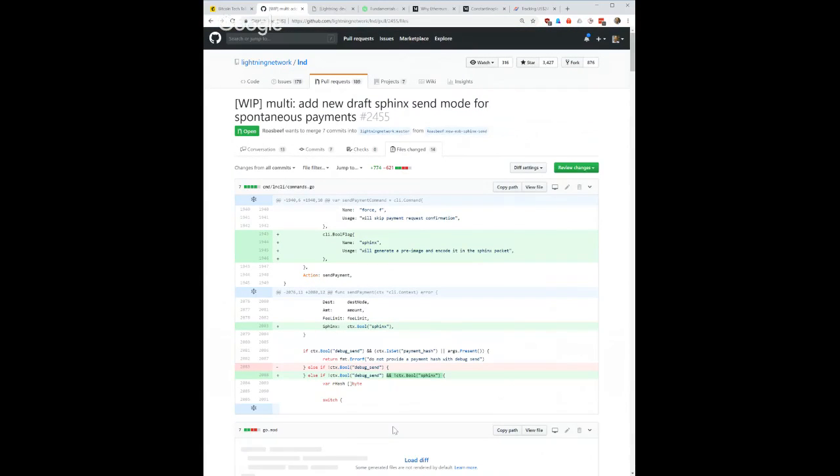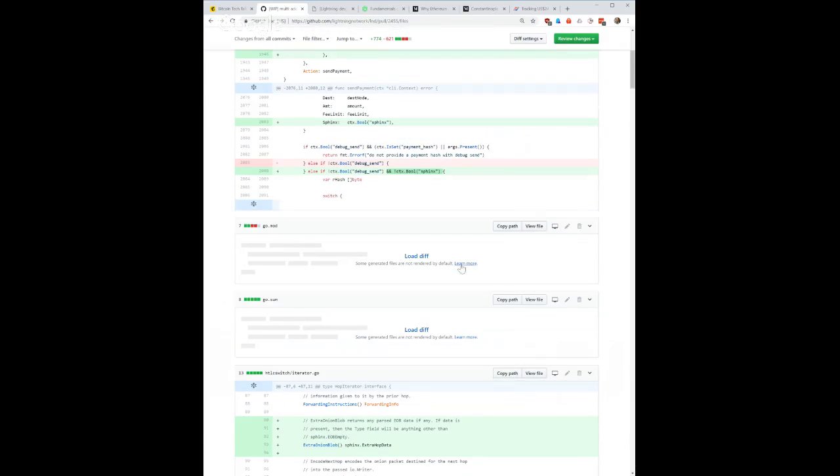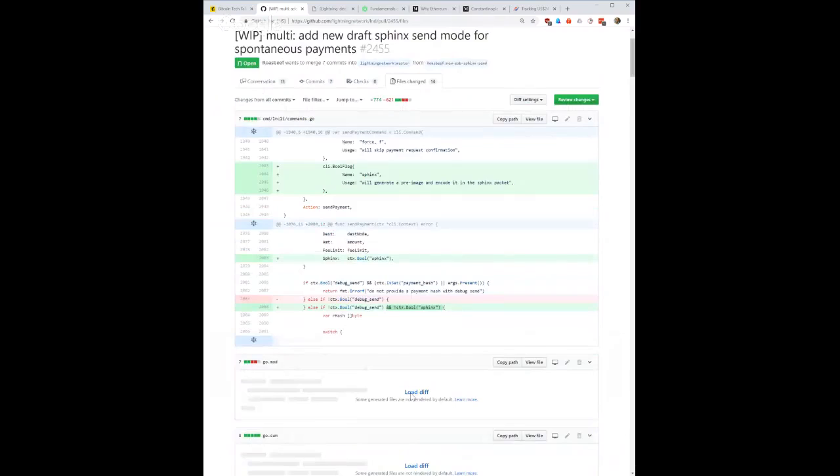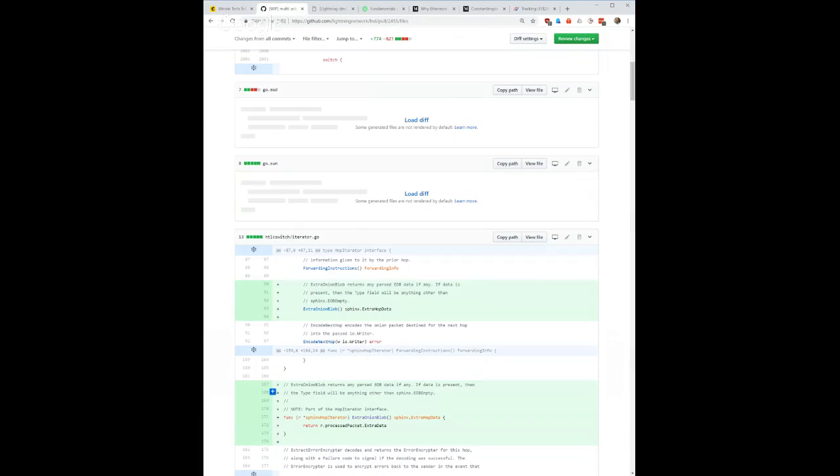It's in LND, and honestly, I find Go to be really readable, and especially LND is just really well commented. Like right here, look at that. Extra onion blob returns any parsed EOB data. If any data is present, then type field will be anything other than Sphinx.